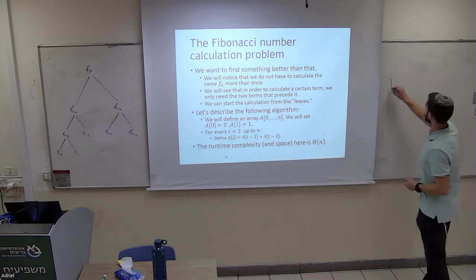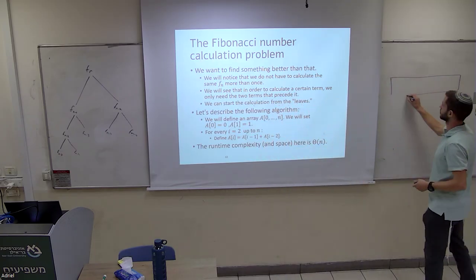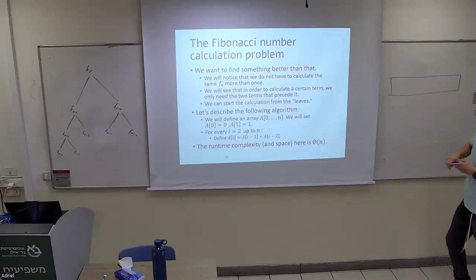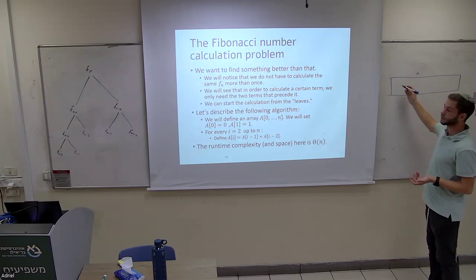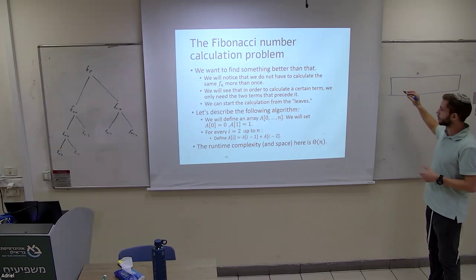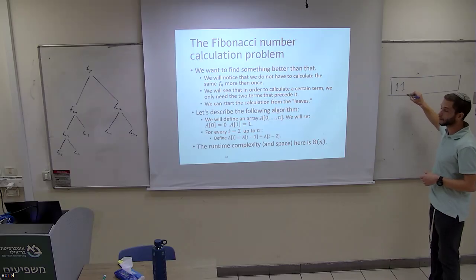We're going to take an array of size n, the one that we want to calculate. Our base case is the Fibonacci number 0 and 1, or just 1 and 1.